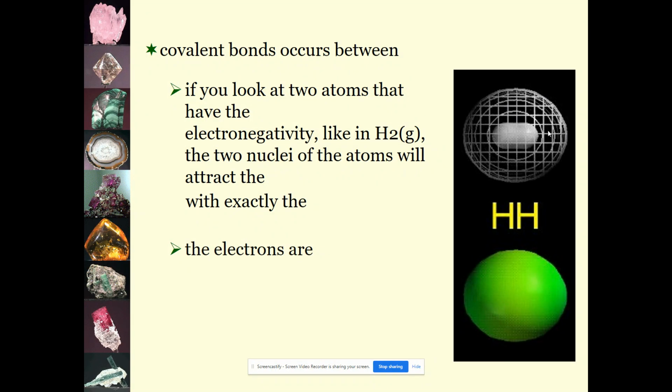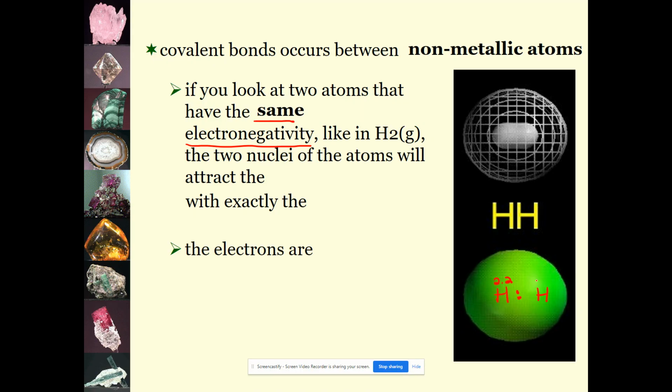Now, covalent bonds. As we know, covalent bonds are the bonds that form in molecular compounds. These are the bonds that form between what we call non-metal atoms. If you look at two atoms that are sharing electrons, if they have the same electronegativity, so if I have two hydrogens, here's one hydrogen, here's the other hydrogen.